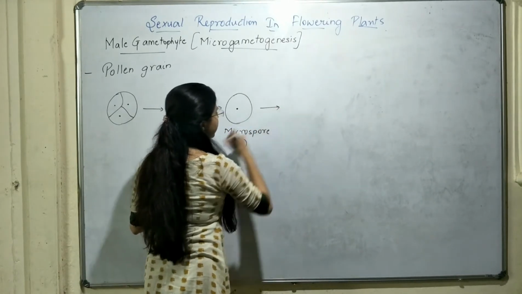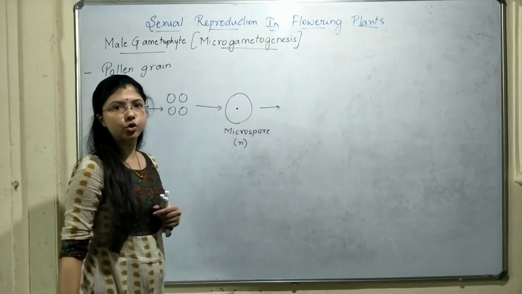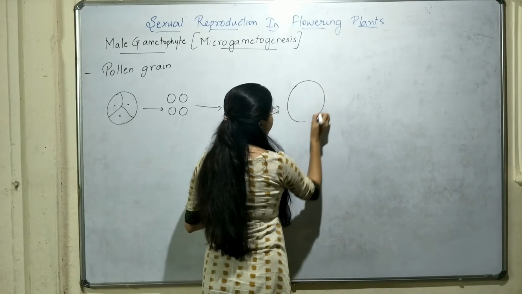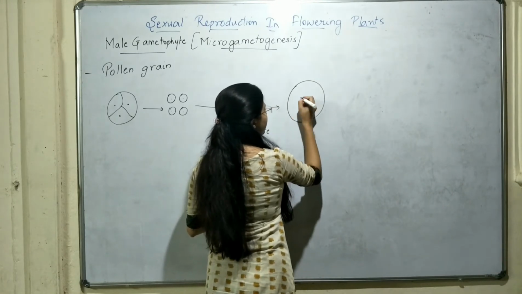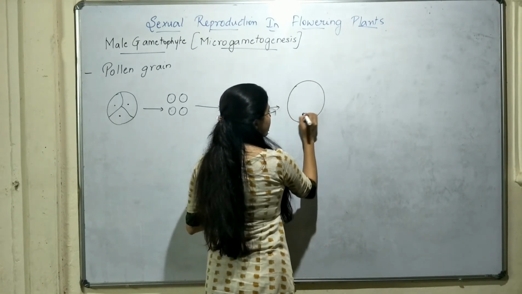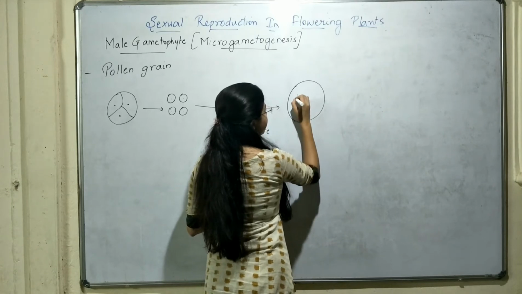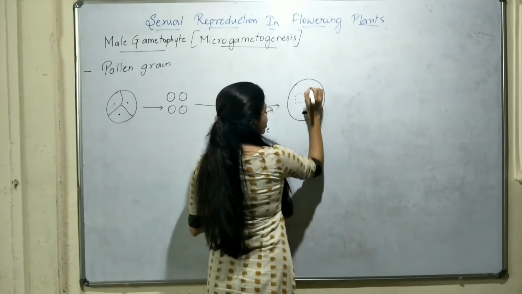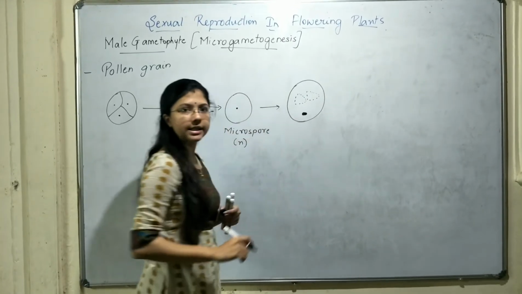There will be different types of changes which occur in the microspore. What happens is, vacuole development first takes place in the microspore, which shifts the nucleus towards a side.